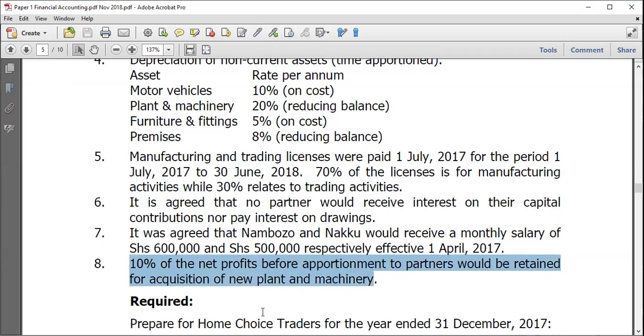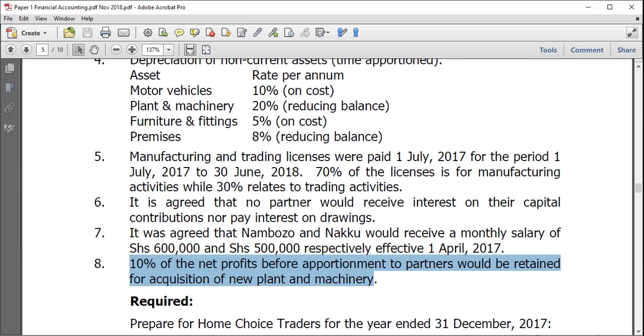So we have to first get that profit after considering the salaries that we have considered, and then we reserve it, because it's going to buy. Remember, reserves are basically money set aside for specific purposes. So it's not basically a retained earning per se, it's a reserve since they have specified what they will be using it for.